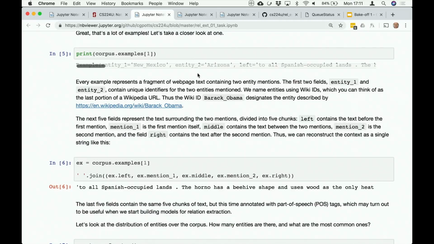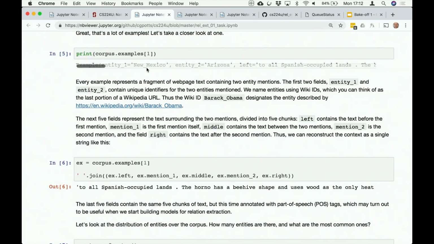This is horizontally scrolling, so it's a little hard to read. But each example is basically a tuple, and it has, if I remember correctly, 12 fields. So the first 2 fields are called entity 1 and entity 2. So in this example, entity 1 is New Mexico, and entity 2 is Arizona. These are the unique identifiers for entities that I mentioned.